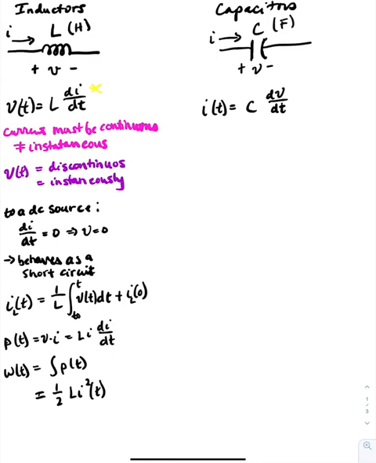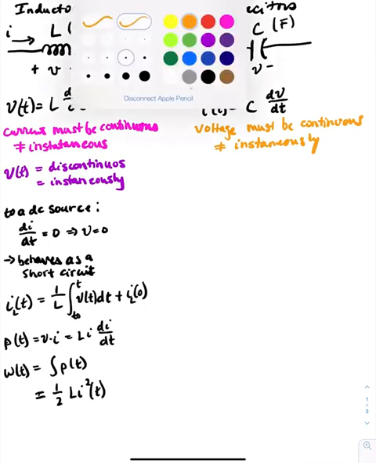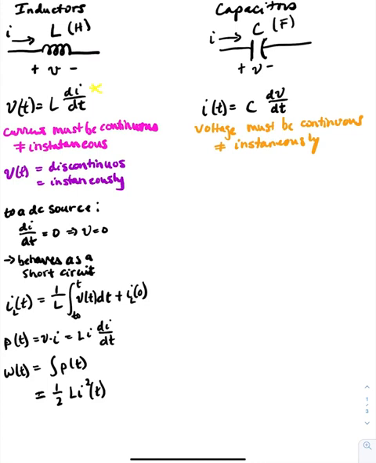The voltage stored in a capacitor must be continuous. Voltage cannot change instantaneously. The current, however, can change instantaneously and can be discontinuous.